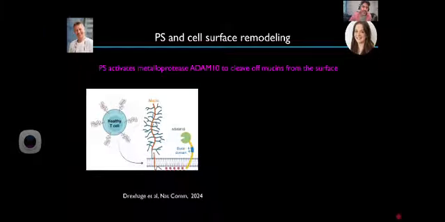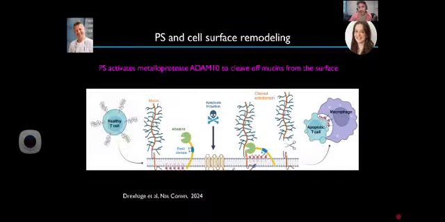Let's say in a healthy cell, we have the forest completely intact. In this case, metalloproteases like ADAM10 don't really cleave anything on the surface. And in the next slide, you will see when PS goes outside, such as in an apoptotic scenario, part of this ADAM10 domain interacts with the PS, and it starts cleaving off all the proteins, the mucins, from the surface.